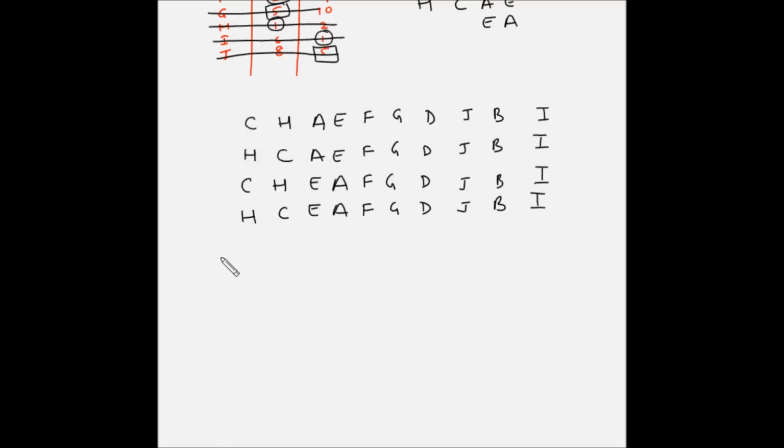So let us consider this sequence. So we have jobs H, C, A, E, F, G, D, J, B, and I.